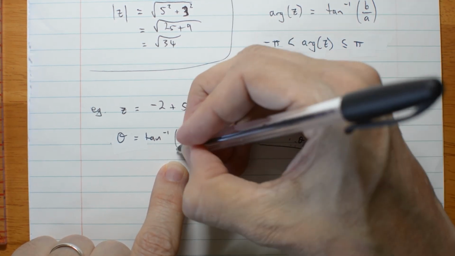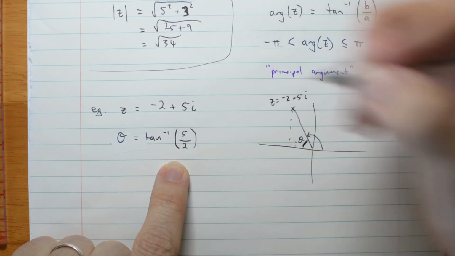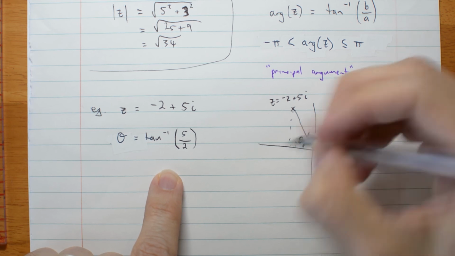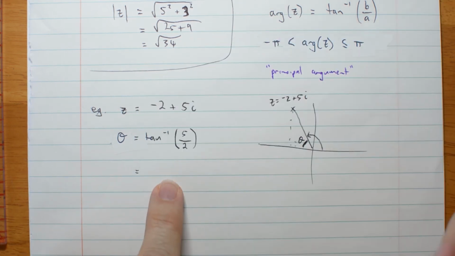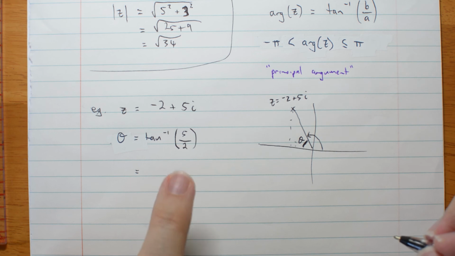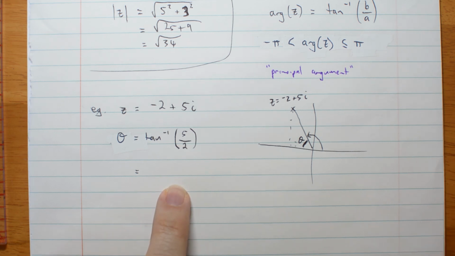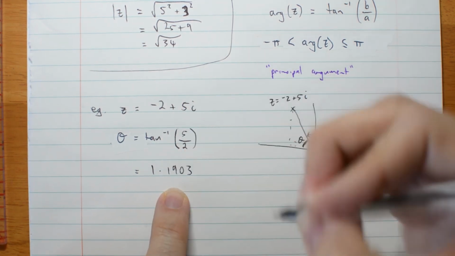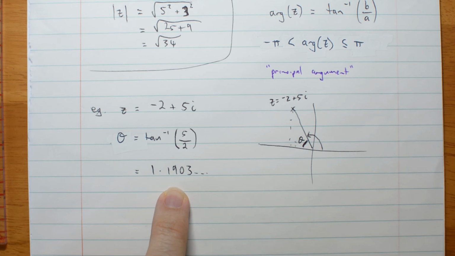Don't worry about the negatives, because my calculator might not give me what I'm hoping for. Just work out this angle, and then pi minus it. So you get your calculator, and you ask it for this. Make sure your calculator is set to radians. If you do that, you'll get something like 1.1903 and a whole lot more.